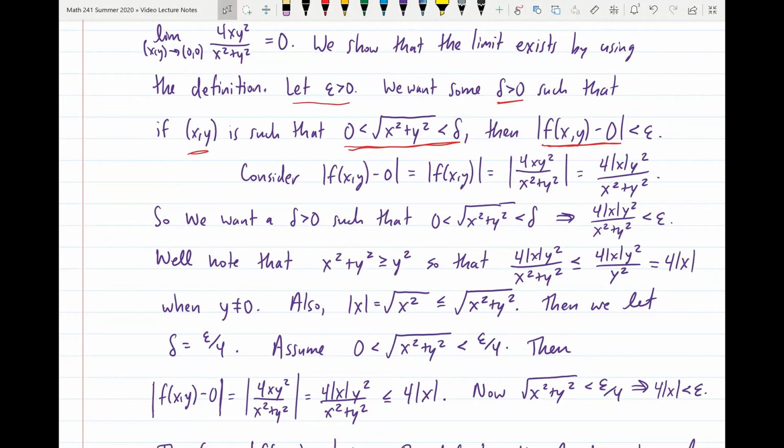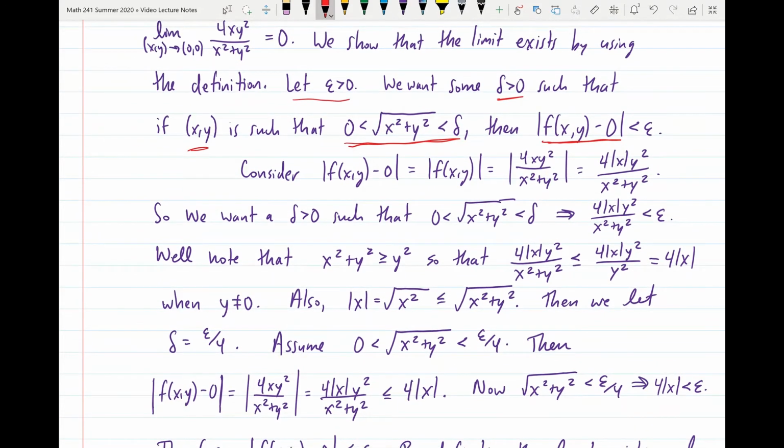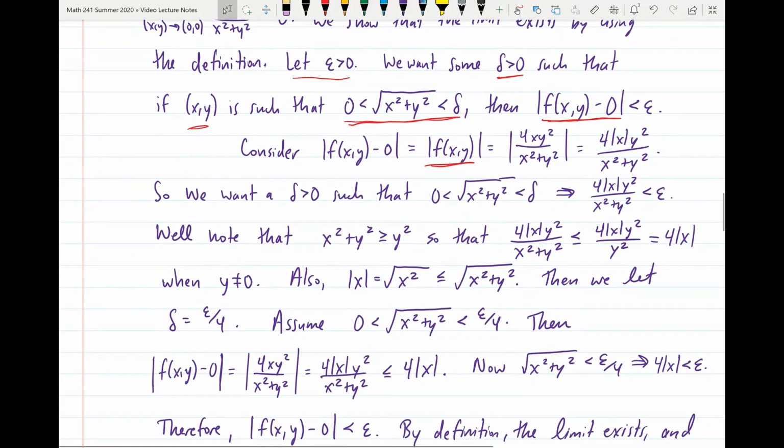So now the absolute value of f(x, y) minus 0 is of course the same as the absolute value of f(x, y), and then we can plug in the function for f(x, y). So that's 4xy squared divided by x squared plus y squared. We're still taking the absolute value of that. And now we can make that look a little bit nicer, because remember x squared plus y squared is always going to be greater than or equal to 0.